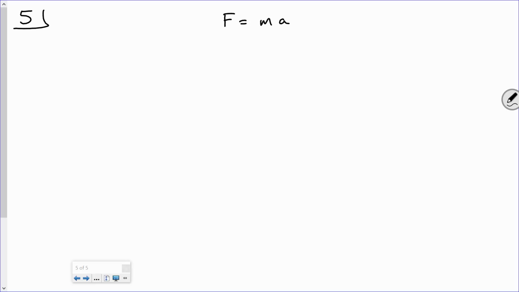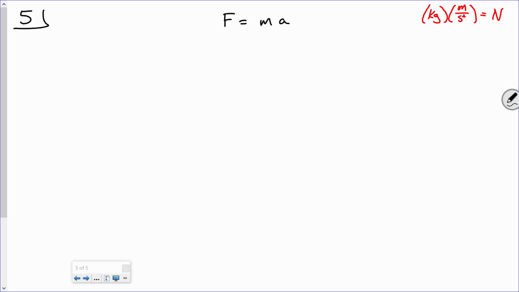For the purposes of the problem, I'm going to leave the units off. If I say kilograms and keep all my accelerations in meters per second squared, that gives me newtons. So as long as I keep everything consistent, everything will be good.